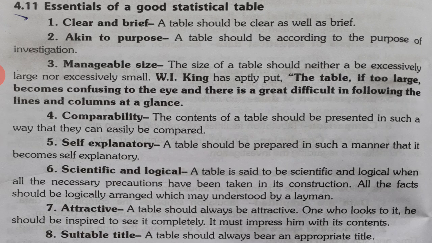It should be attractive in looking, so that one should stare at it. It must impress. It should be given a suitable title, and proper weightage must be given to important columns.